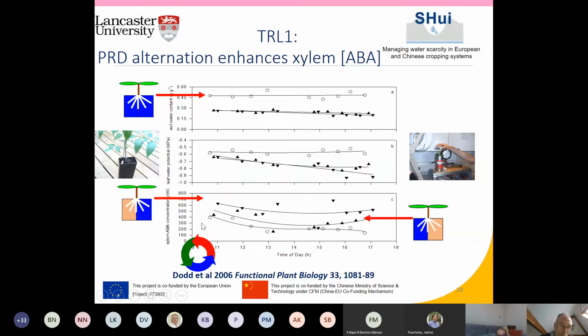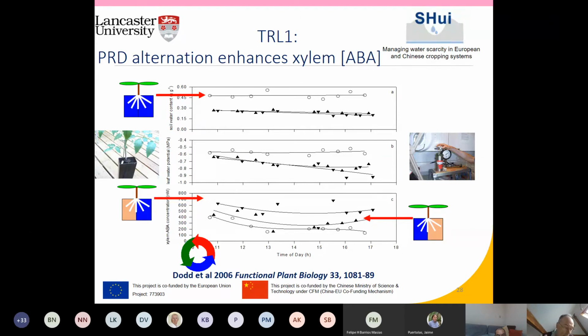What was noticeable was that when you alternated the wet and dry parts of the root system, you see a substantial increase in ABA concentration following the alternation event. So this alternation of the wet and dry parts of the root system seemed to be very important in actually flushing ABA out of those previously dry roots and into the shoots of the plants.